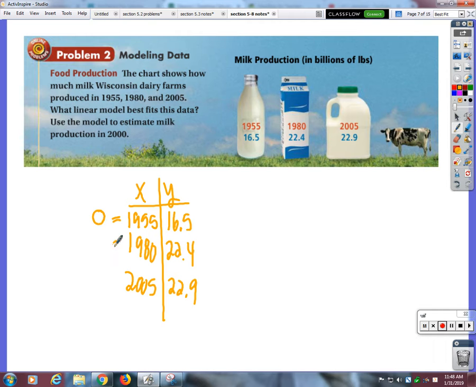So then McKenna says, well, if 1955 is year 0, then 1980 must be year 25. And that means 2005 would be year 50. Now, honestly, you don't have to do that. If you entered it with 1955, 1980, and 2005, in the end, you would get the same answer. I'm just giving you a little pro tip. It's a little bit easier if you change the numbers.